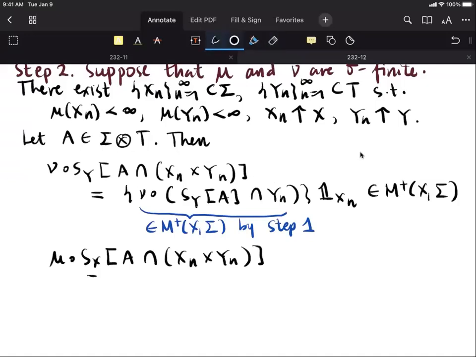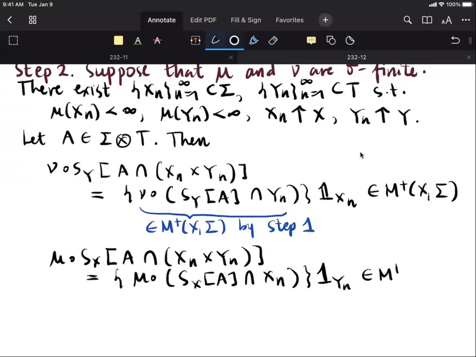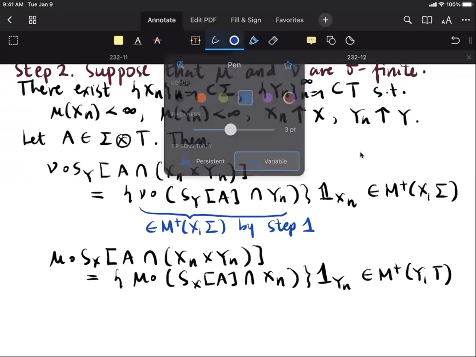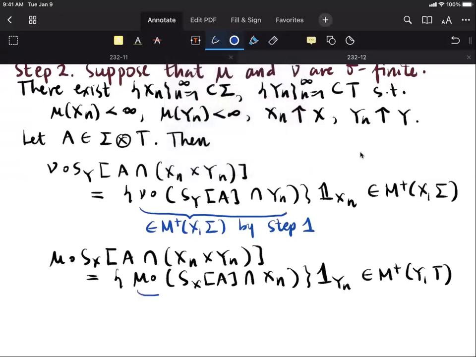This is the same as mu of the section intersection xn times the characteristic function of yn. And this is in M plus Y by step 1.